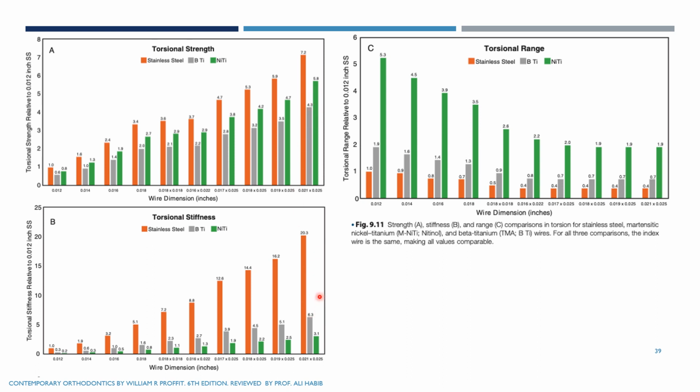And when you compare the stiffness of the same wires, the M-Niti is 3 and the beta titanium is almost double, 6. This is the torsional stiffness. So beta titanium will be delivering almost double the force when twisted in the bracket. So beta titanium is a better option for delivering torque than the M-Niti.